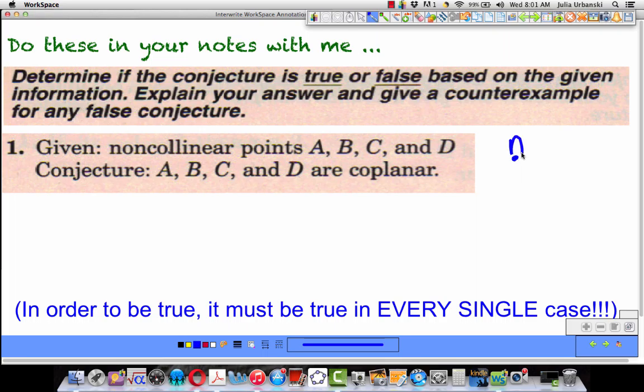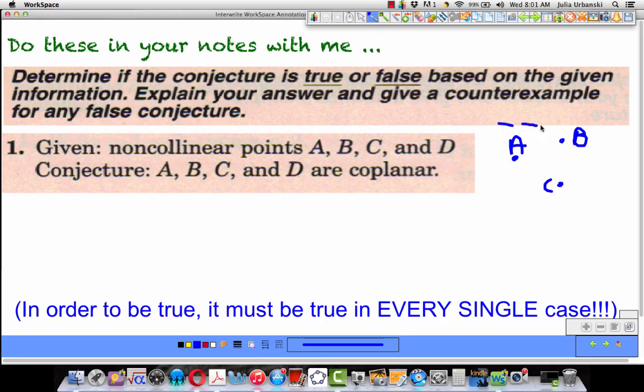A, B, C, and D. Do they have to be on the same plane? I could put a D right here, and it could be on the same plane. Or I could imagine that there's a point D that's up off my screen, it's higher, or it's down below my screen.